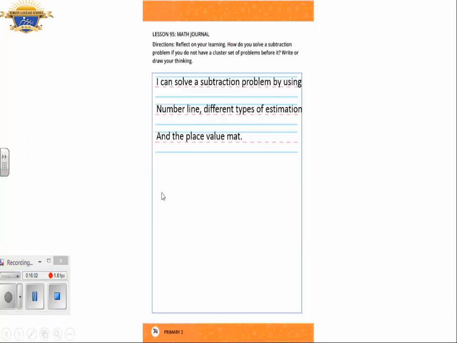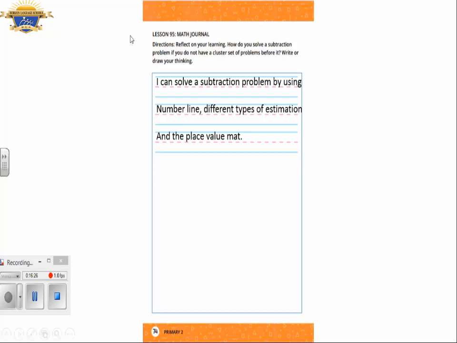The math journal of lesson 95. Reflect on your learning. How do you solve a subtraction problem if you don't have a cluster set of problems before it? Write or draw your thinking. ازاي بنحل المسائل من غير ما يكون عندنا cluster problems.